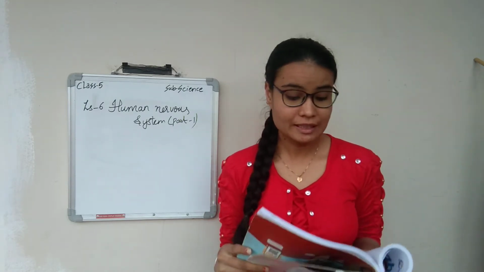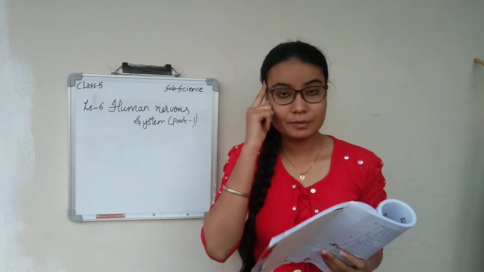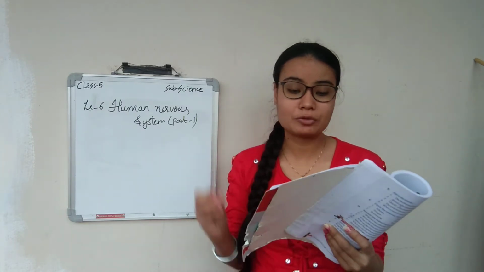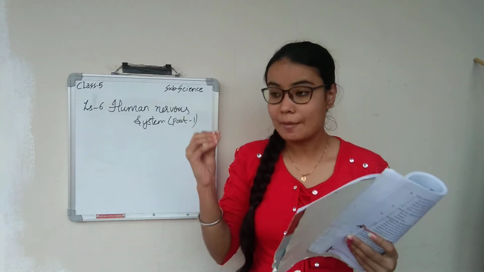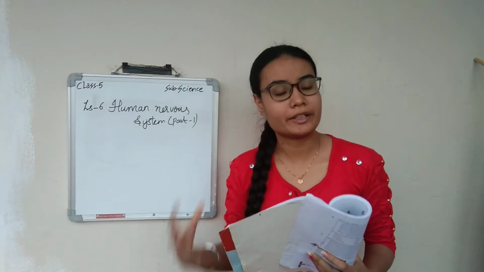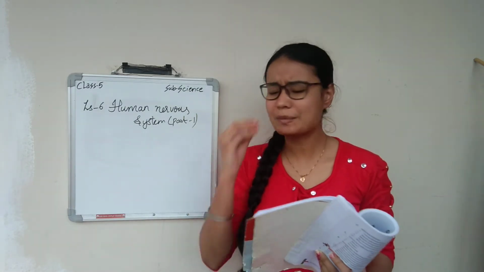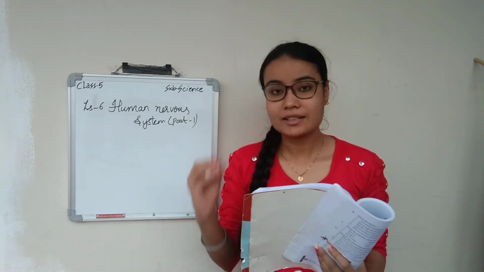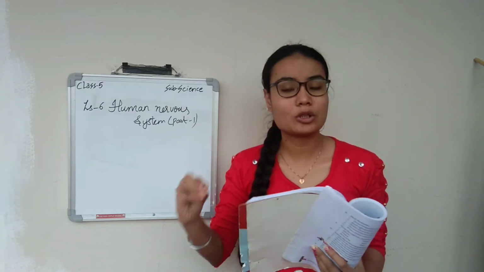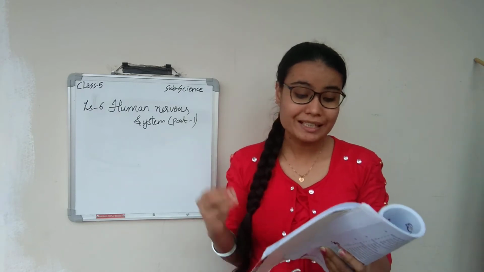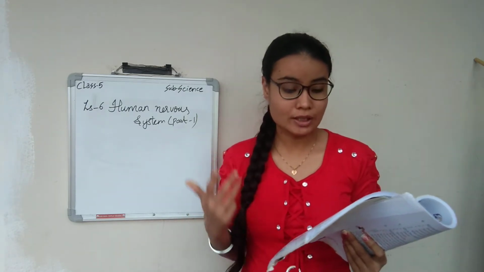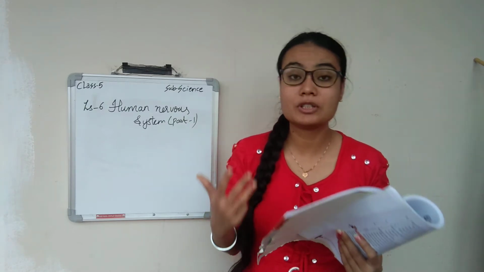So first one, brain. This brain is a controller for the regulation and coordination of all the systems of the body. हमारी बॉडी में कुछ भी कोऑर्डिनेशन है या रेगुलेशन है, मतलब कुछ भी एक्टिविटी है, okay, any activity, this is done with the help of our brain. So brain is helping, and the other networks are the brain, spinal cord, and the network of nerves.